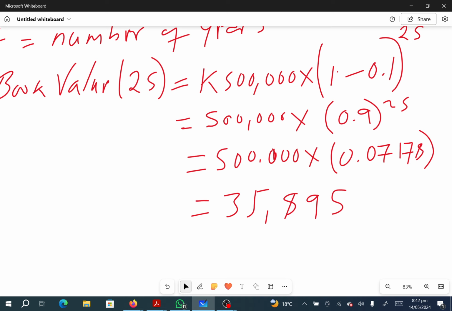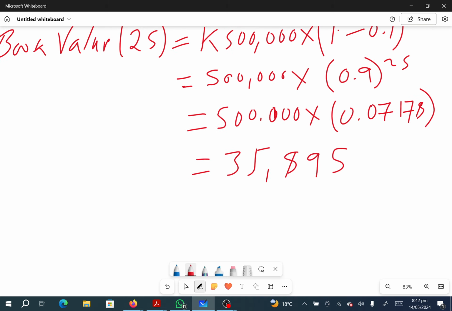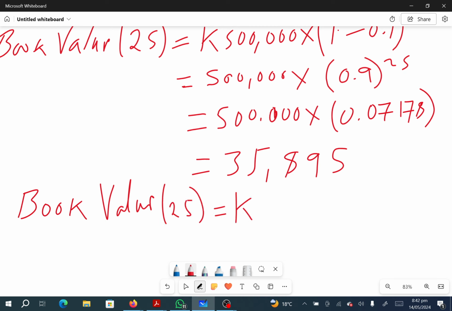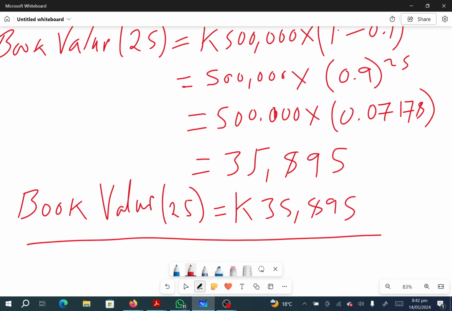So you can say therefore book value at 25 years is equal to 35,895. If we use the process above, it will take us to this book value. So this is how we calculate our book value.